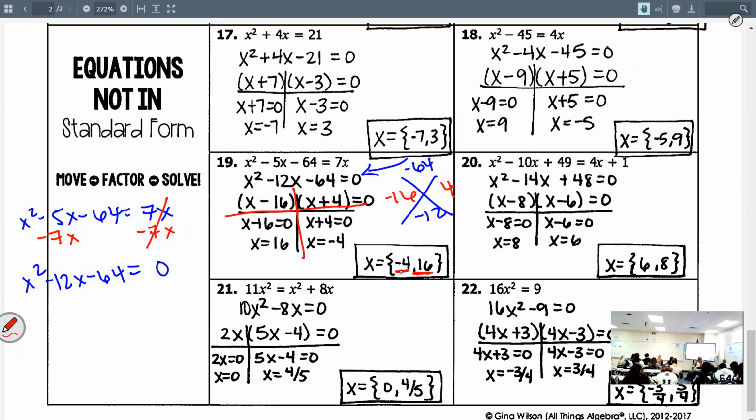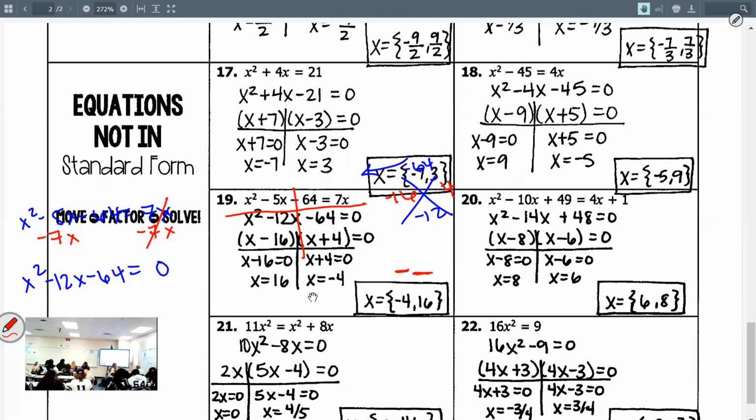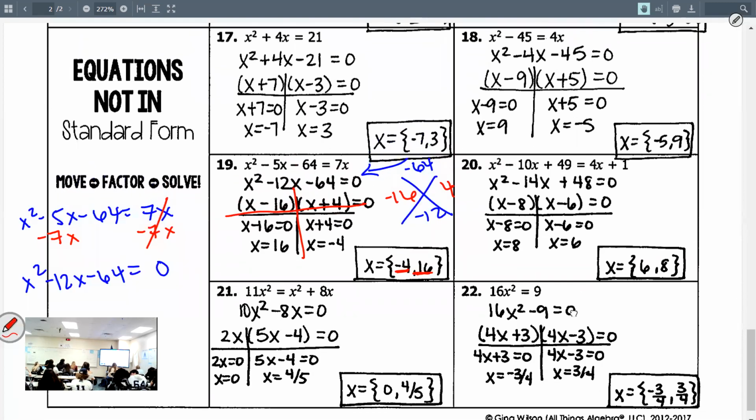All right, and then if you want to look at the other ones like 21 and 22 real quick, they also had to move stuff. Here, let me go back to where it was. All right, they also had to move stuff to the other side to get it equal to 0, but the factoring method was different in each one.